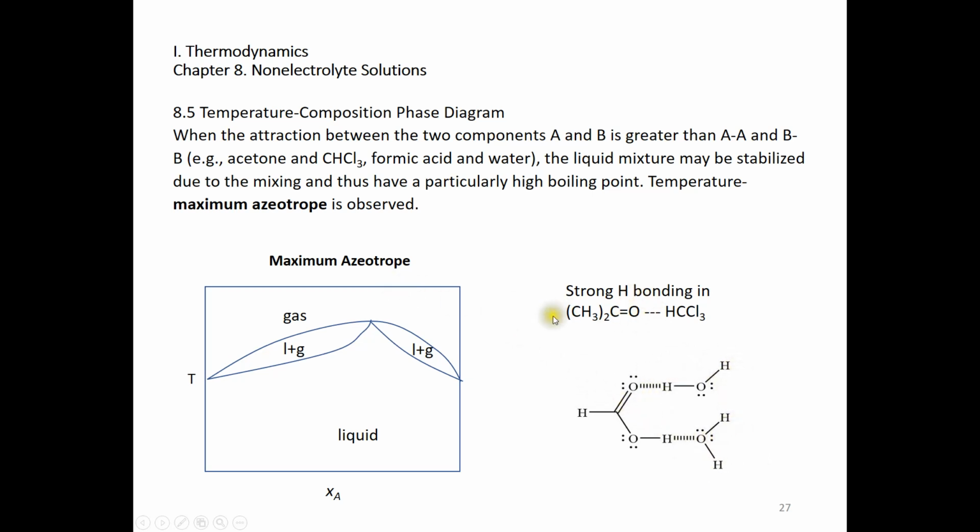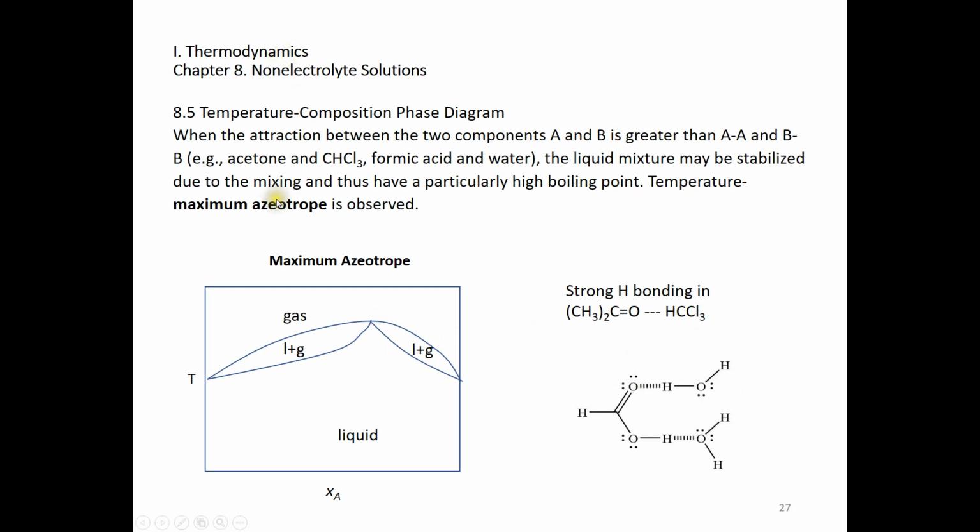You can look up the boiling points of the pure substances and the maximum azeotrope in the appendix. There's an appendix that tabulates some of the boiling points of acetone, chloroform, formic acid, water, and their mixtures. So you can see some numbers in the appendix.